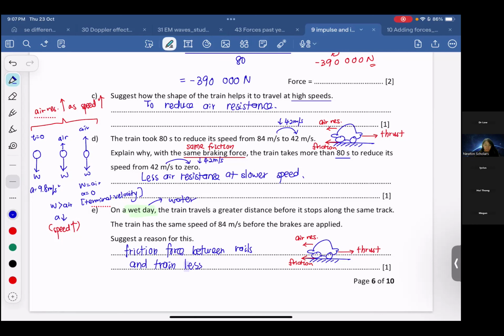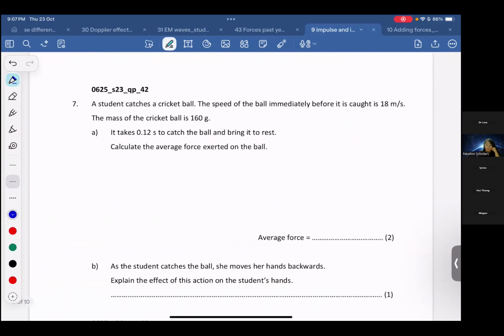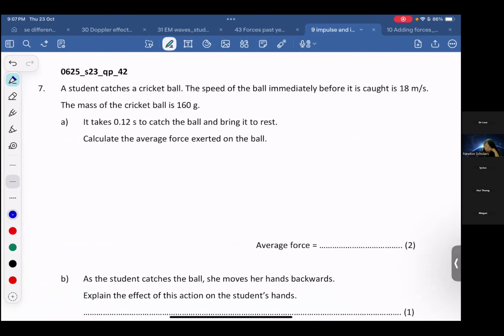Is it okay? Can we go to your question number 7? Okay, next. A student catches a cricket ball. The speed of the ball immediately before, so this is your u. Your mass m.